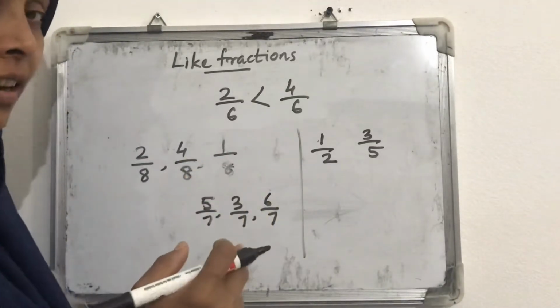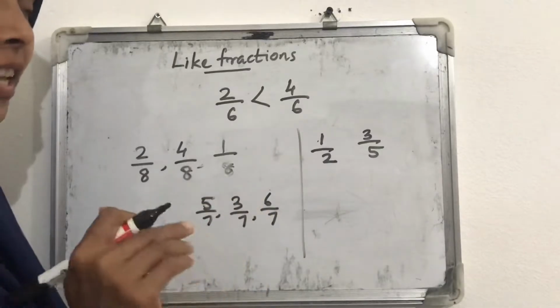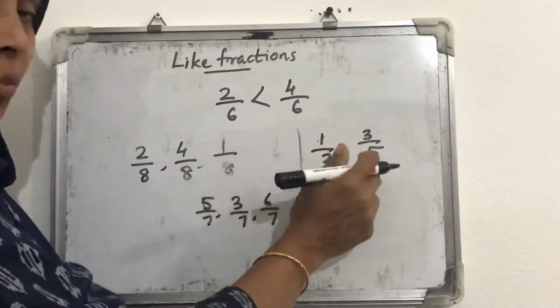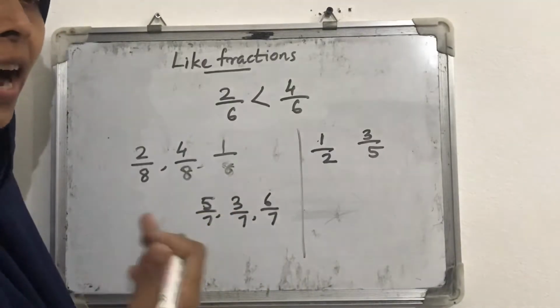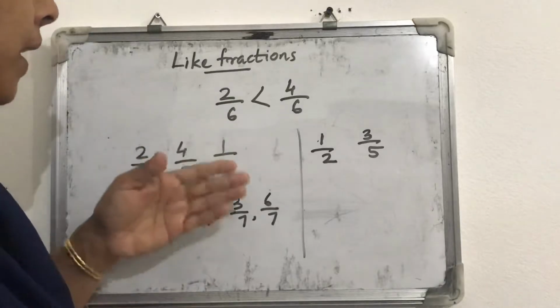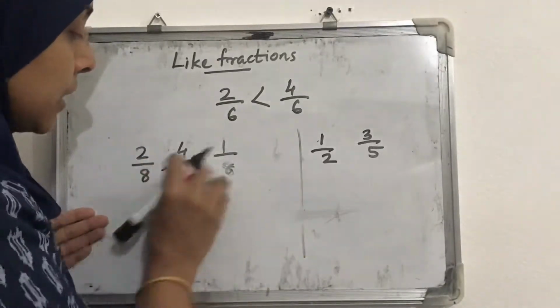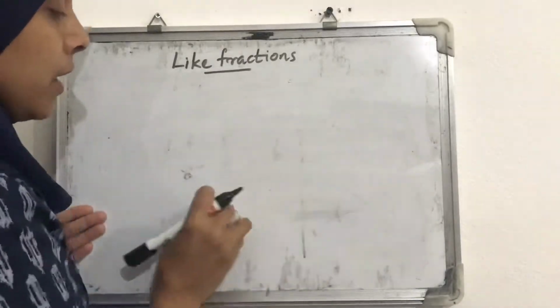Such fractions are called unlike fractions. From the name itself it is clear: if the denominators are different, they are not like, so they are called unlike fractions. Like fractions means fractions with the same denominators.